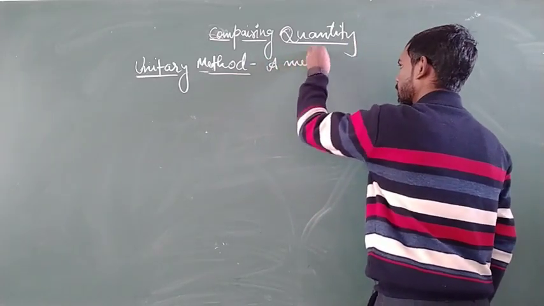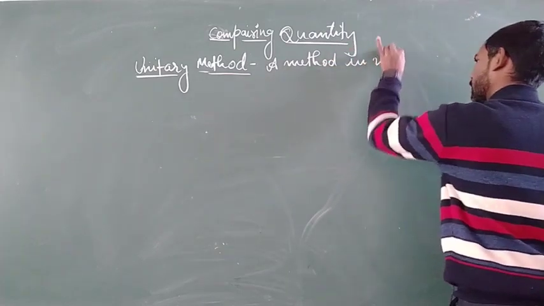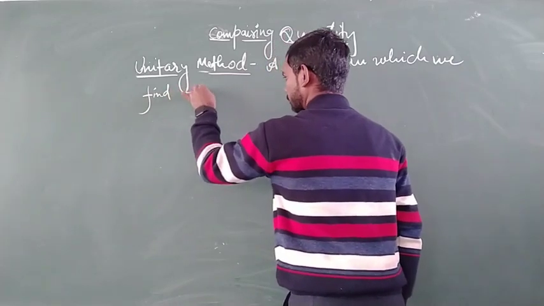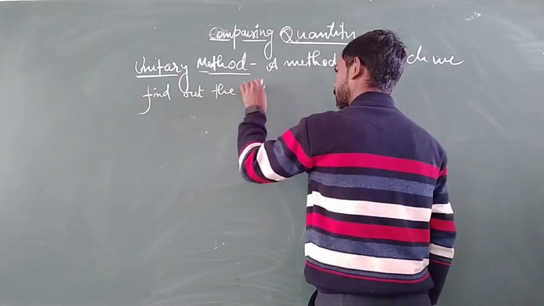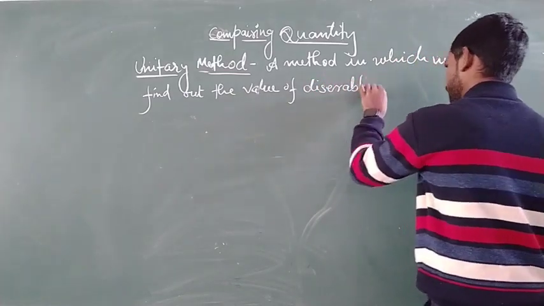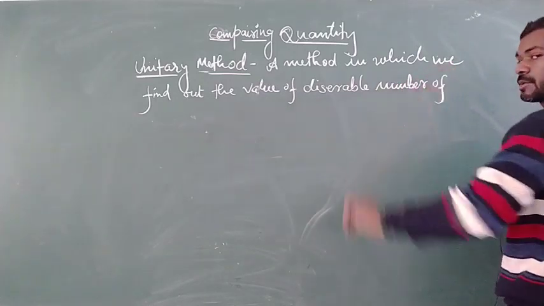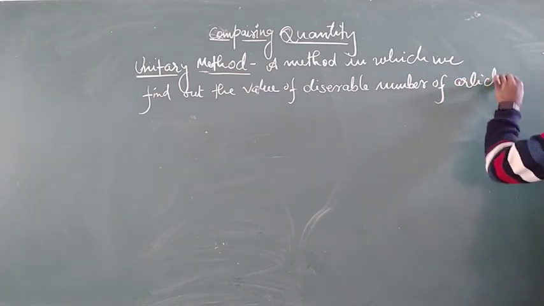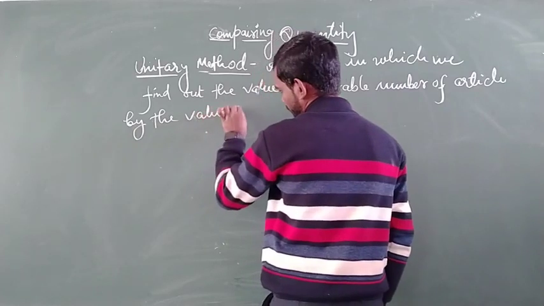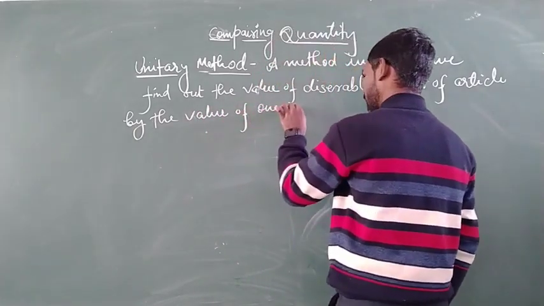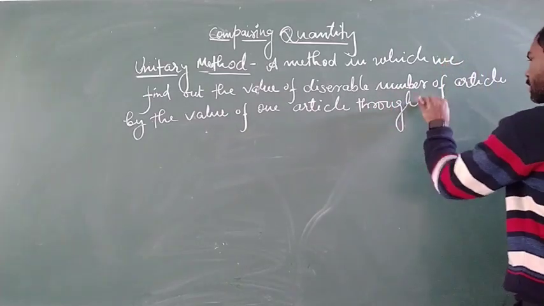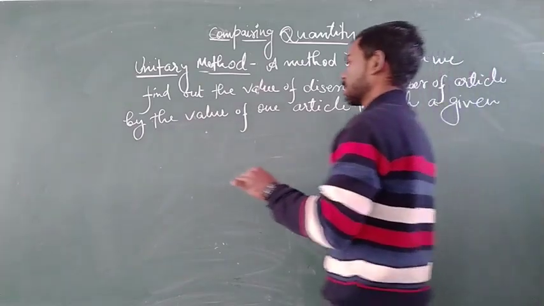A method in which we find out the value of a desirable number of articles by the value of one article through a given certain number of articles.